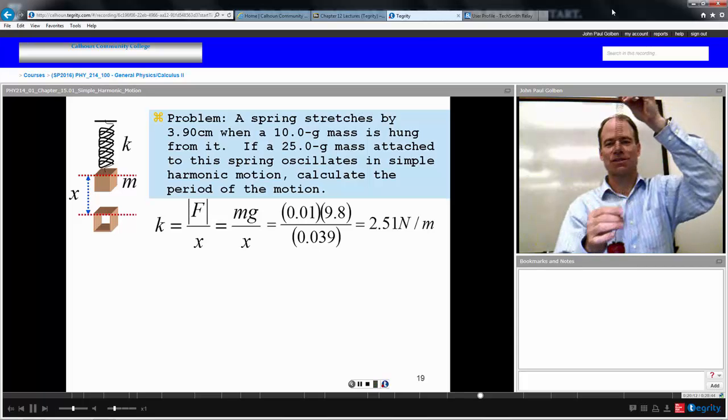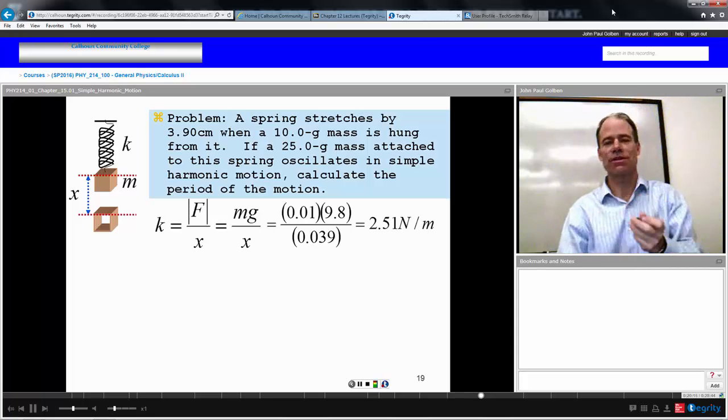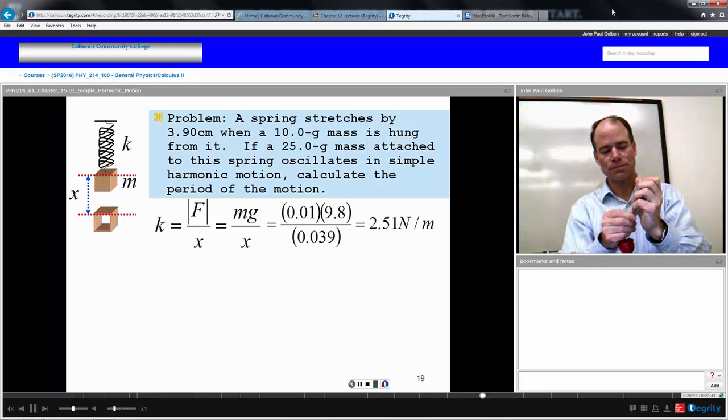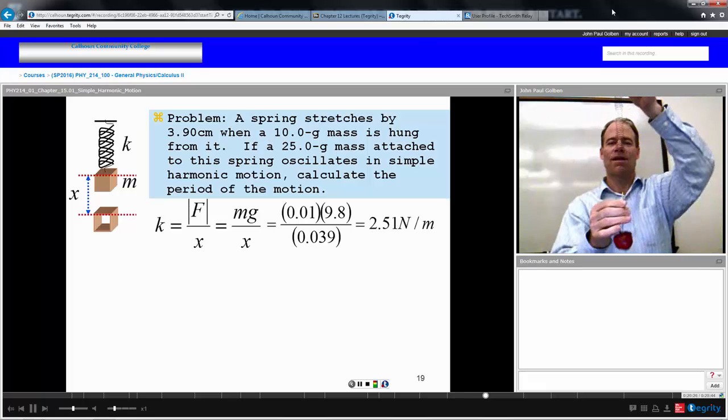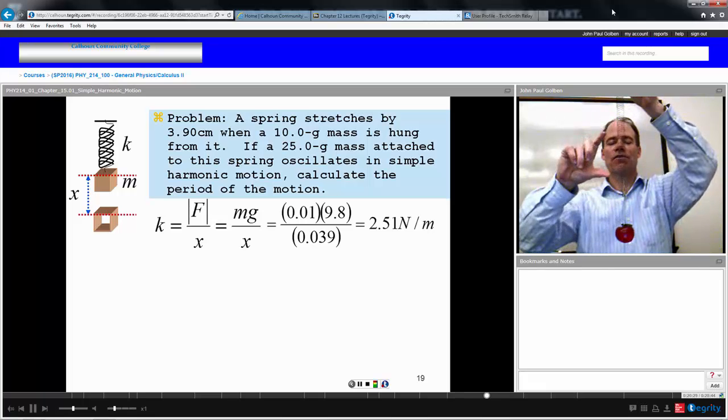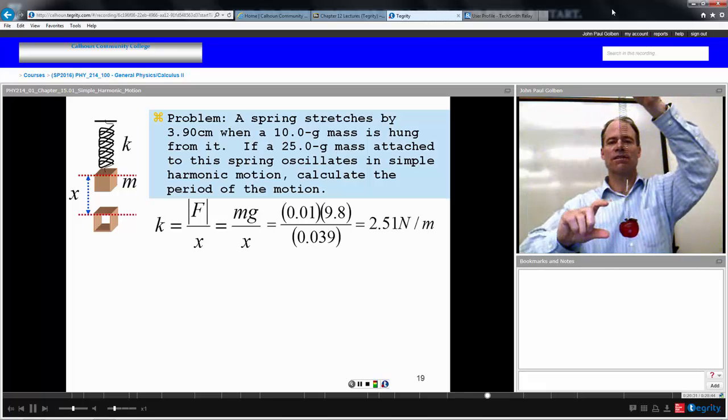All right, good deal. Now if I put a different mass on there, oh, and incidentally, because of this initial spring stretching and this weight on the spring, it will stretch, and that first stretch will offset the weight of this object.